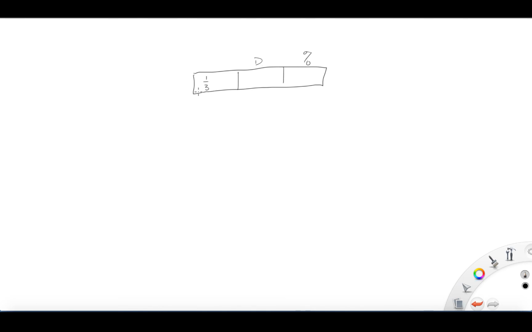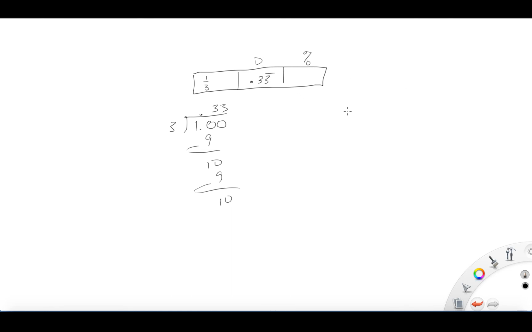How do we find the decimal of 1/3? Well, we do a division problem. How many times does 3 go into 10? It's 3. So it's going to be 0.33 repeating, because it's just going to keep giving us that. So here's our decimal, 0.33 repeating.